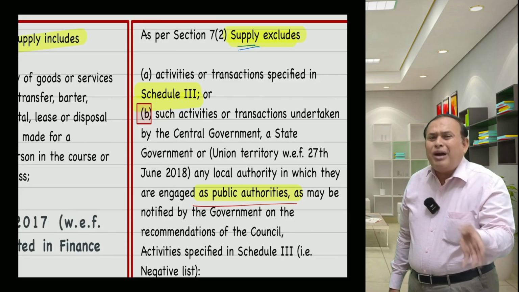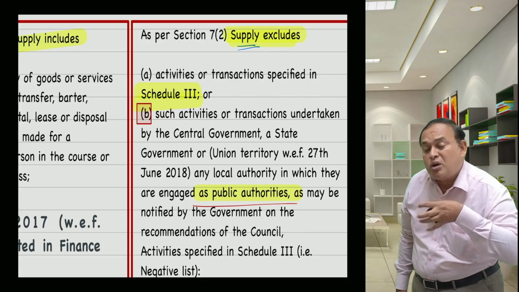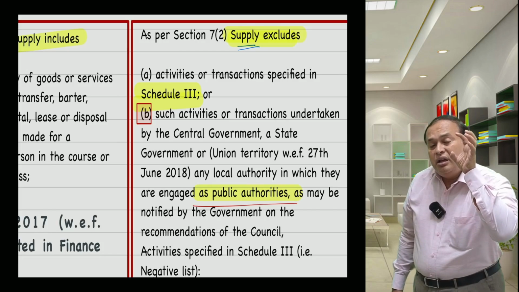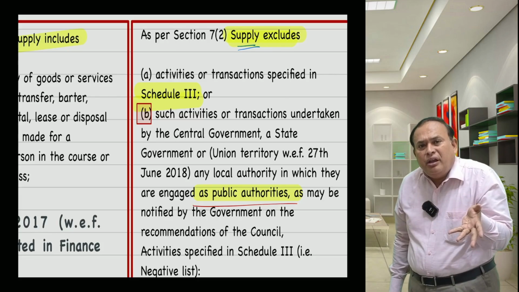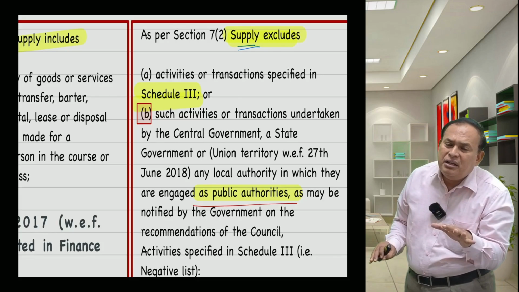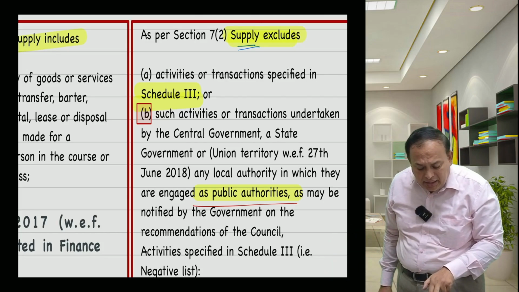But what type of services provided by government, local authority, called public authorities, should be notified. If notified, accordingly we will refer. They have notified now. What are they?